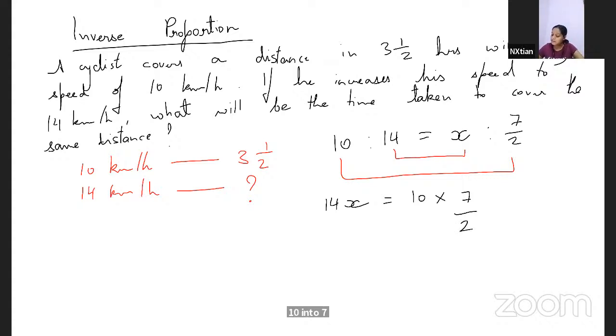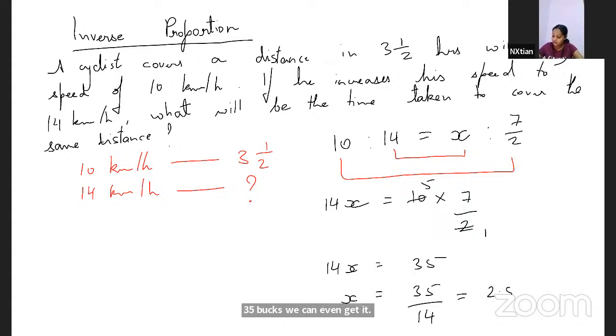Here you can cancel: 2 ones are 2, 5 twos are 10. 14x equals 5 into 7, which is 35. X equals 35 divided by 14. Okay, and then we will divide it. 35 by 14, we will get 2.5.